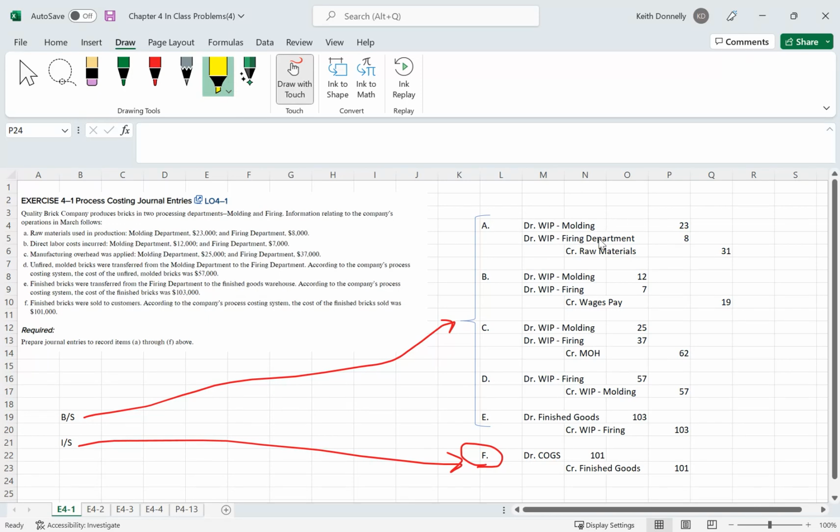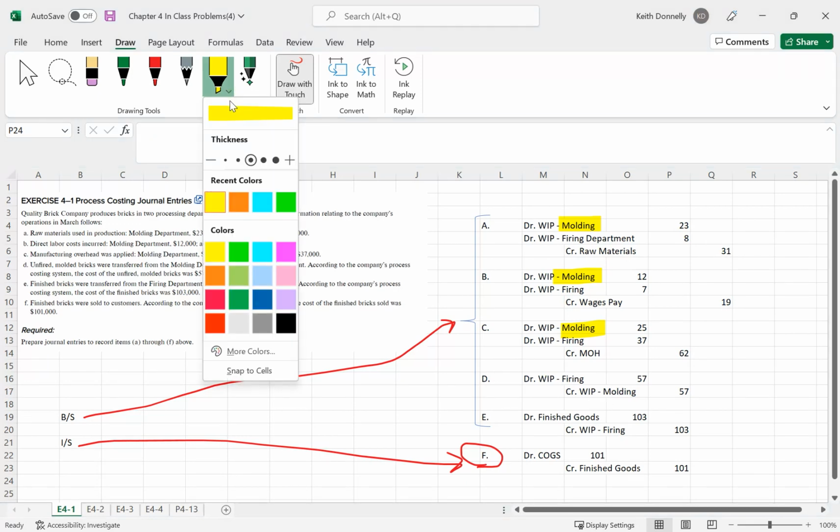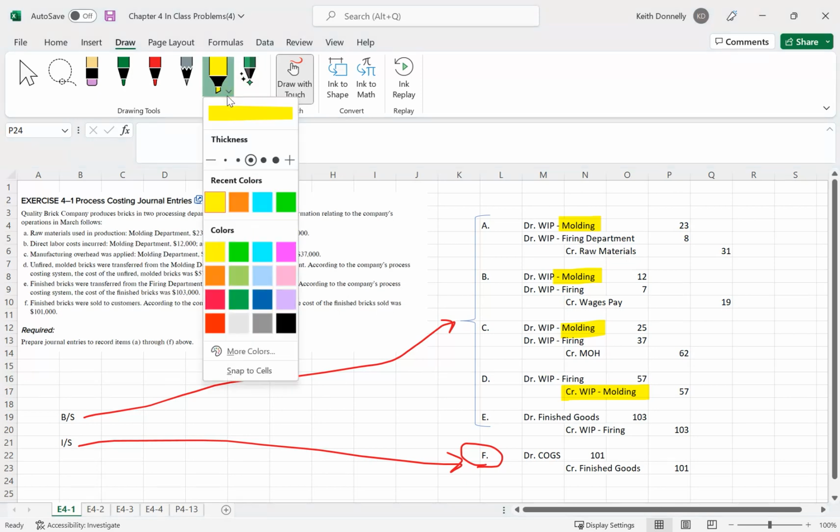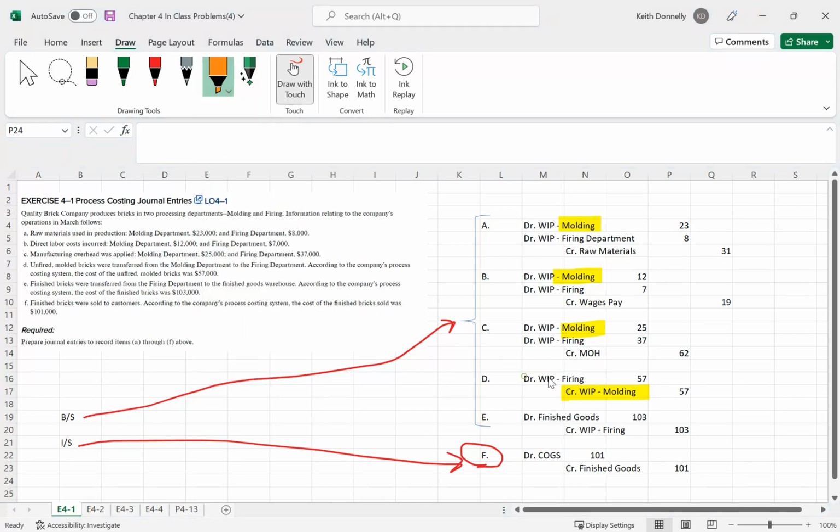And really what you're doing in many of these instances is building it up in molding, building it up in molding. Then, hey, you finish it in molding, transfer it out of there through a credit, right? The reverse: debit, debit, debit, get it out through a credit, put it in the next department, right?